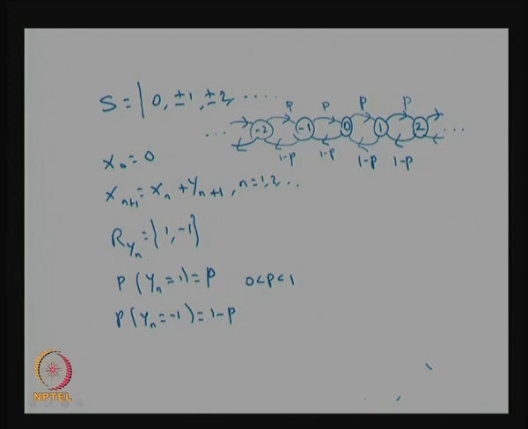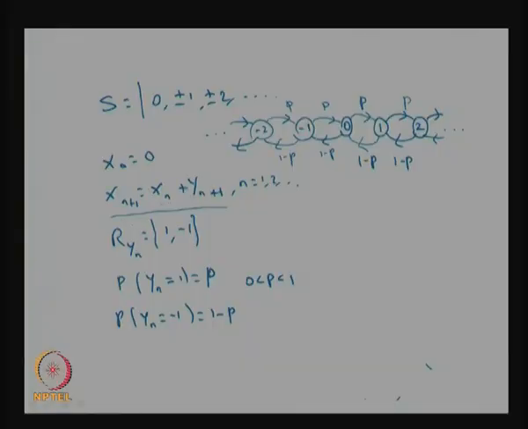Also, we can come to the conclusion: the way we have written x n plus 1 is equal to x n plus y n plus 1, and all the y i's are independent random variables. The value x n plus 1 is going to take depends only on x n, not on the previous x n minus 1 or x n minus 2 and so on.